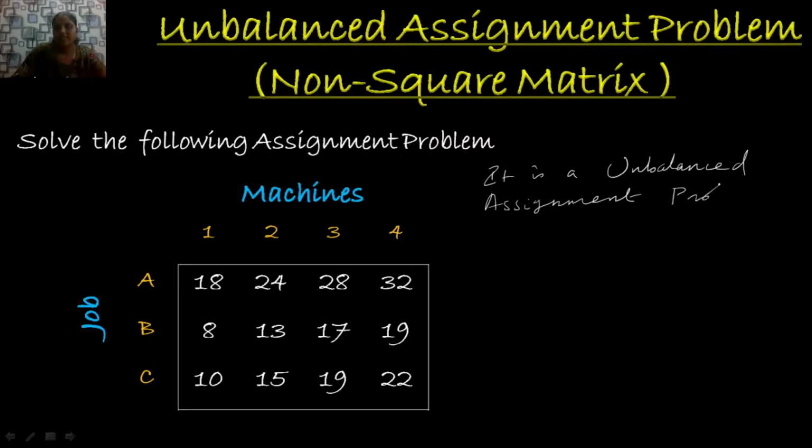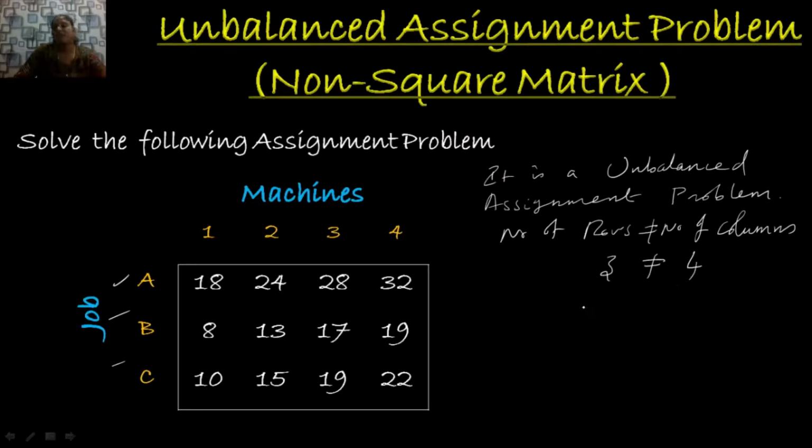Why it is an unbalanced assignment problem is, here the number of rows is not equal to the number of columns, because we have only 3 rows but there are 4 columns. So to convert into a balanced assignment problem, we have to introduce a dummy row.